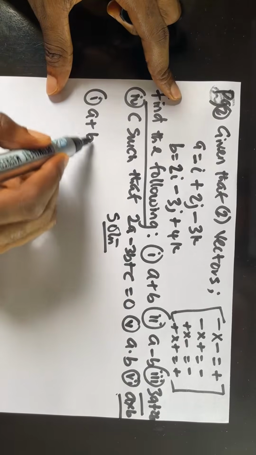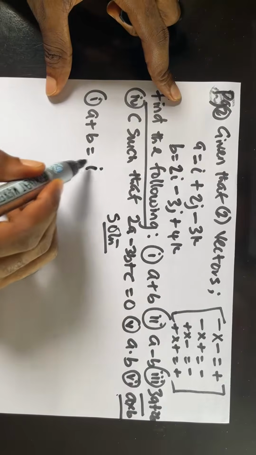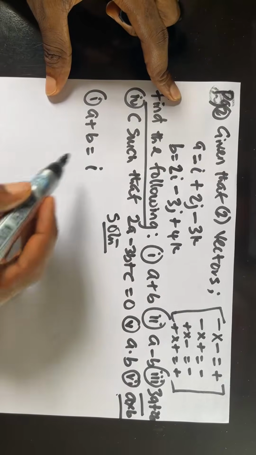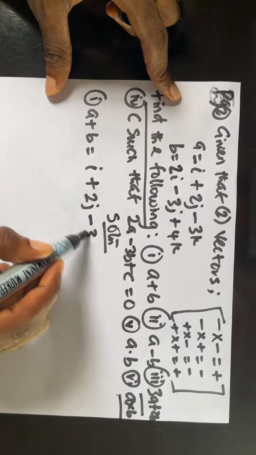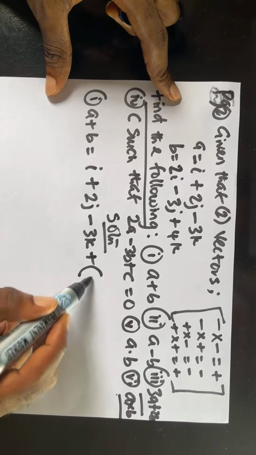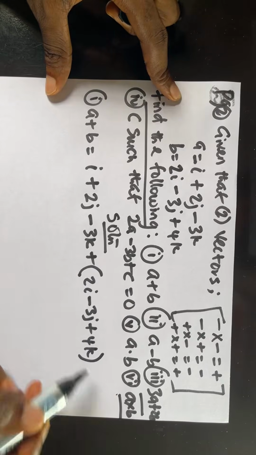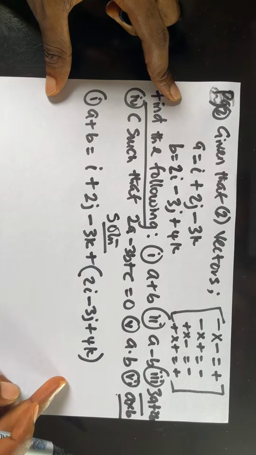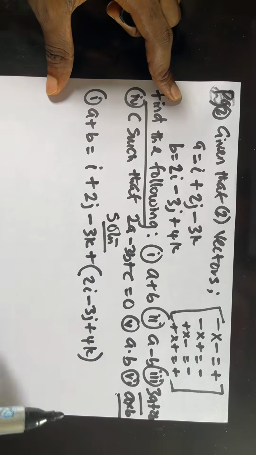A plus B is equal to, what's my A? My A is I, remember this is 1I, plus 2J minus 3K, plus bracket open, 2I minus 3J plus 4K, bracket close. So the first thing I told you guys yesterday in our live session, you should open brackets.